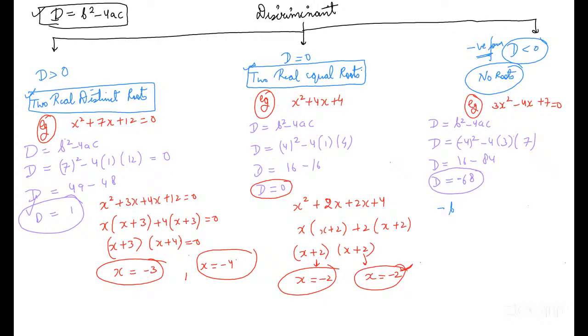Minus b minus root of b square minus 4ac upon 2a, and minus b plus root of b square minus 4ac upon 2a. So here b square minus 4ac value is minus 68, and if I put minus 68 here, I will get root of a negative number, which is again not possible. So hence there is no solution.